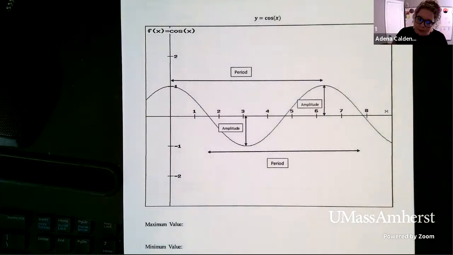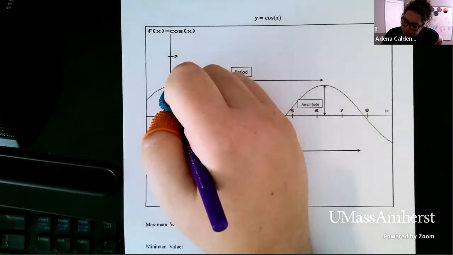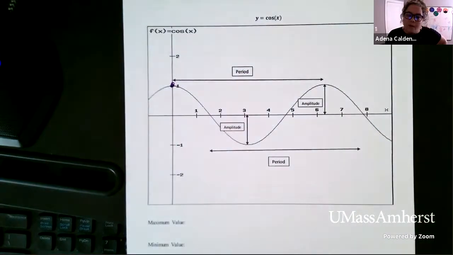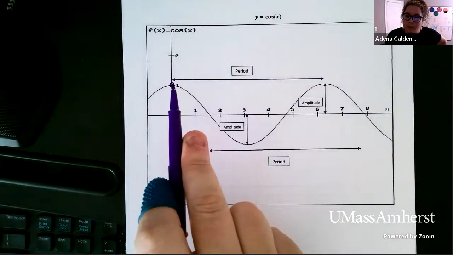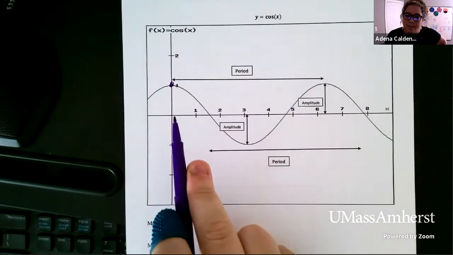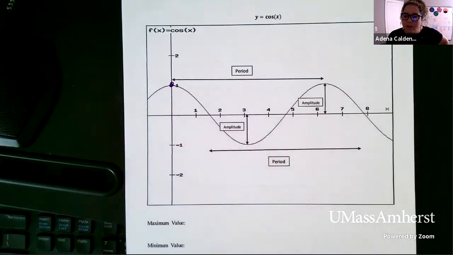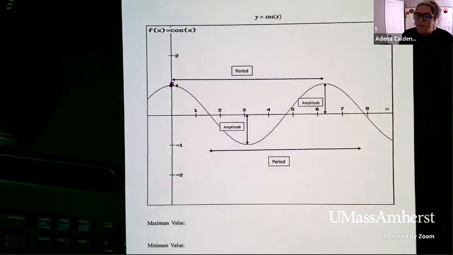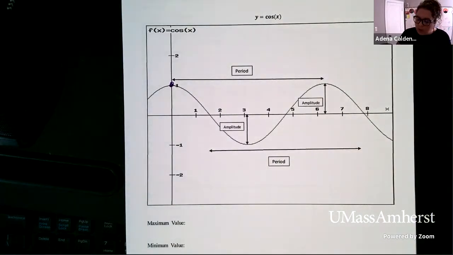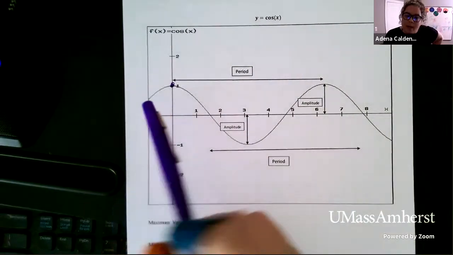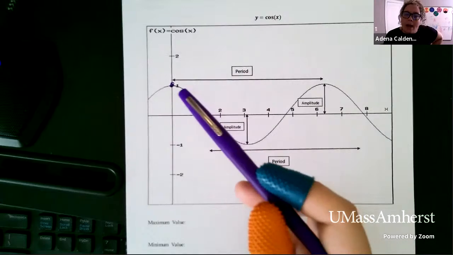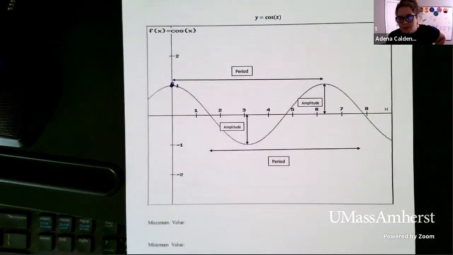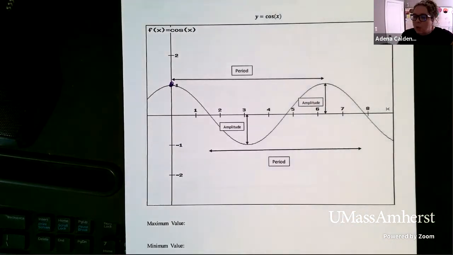So I want you to notice here that at 0, where we typically are going to start looking at a function, cosine starts at a maximum. Okay, remember sine started at the midline, cosine starts at a maximum. So if you are evaluating a function and you look at what's happening at 0, if it starts at a maximum value for the function or a minimum value of the function, then we're dealing in cosine.